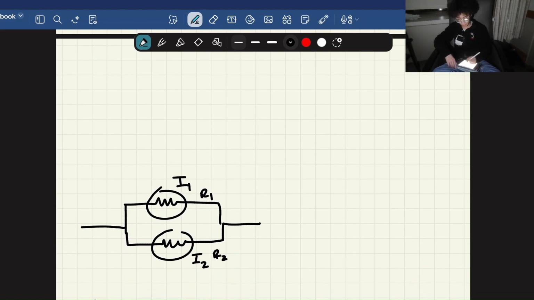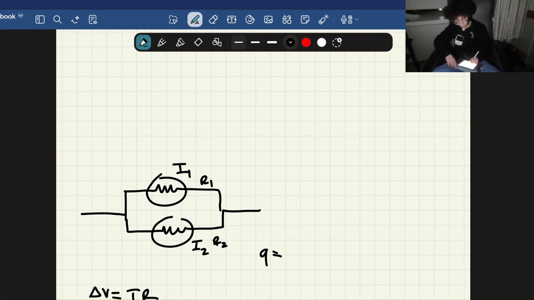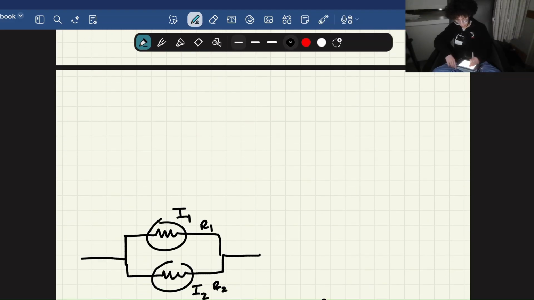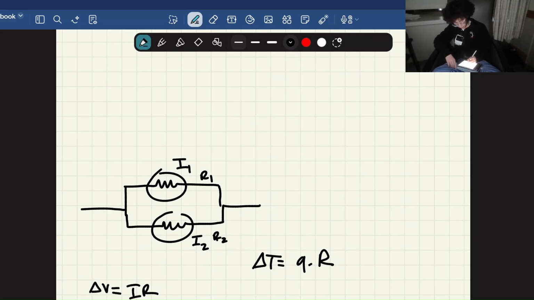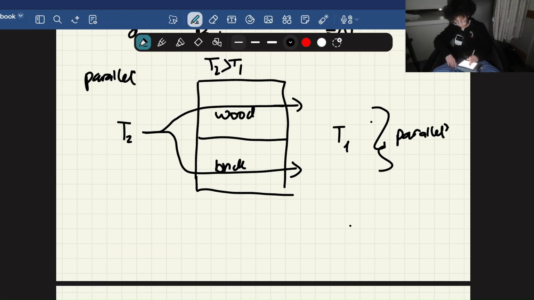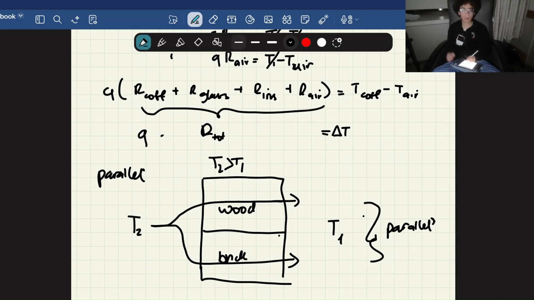So we're going to say Q is equal to what we said earlier, delta T over R, so delta T is equal to Q times R. Over here, Q is equal to Q1 plus Q2, because heat is traveling through two different pathways, Q1 and Q2.